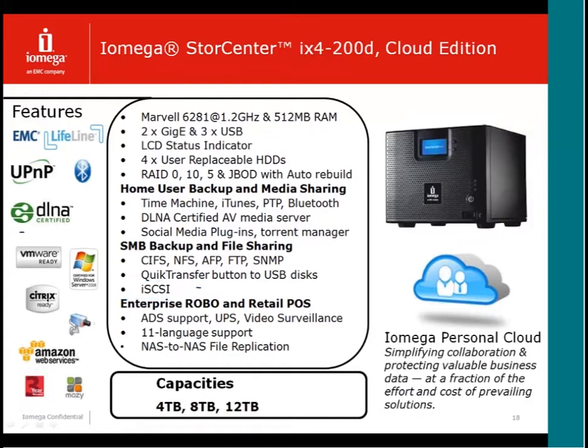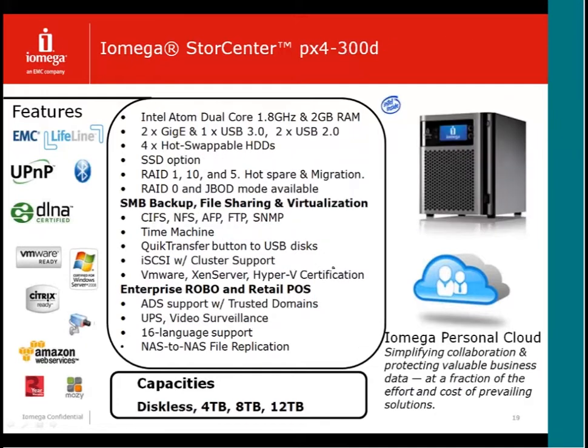Moving up the line, as I mentioned, this is the 4-drive network storage products. All of the functionality that we talked about previously is in this one as well. Moving up the line again, the Pt2. This is the one that starts with the solid state drive option.